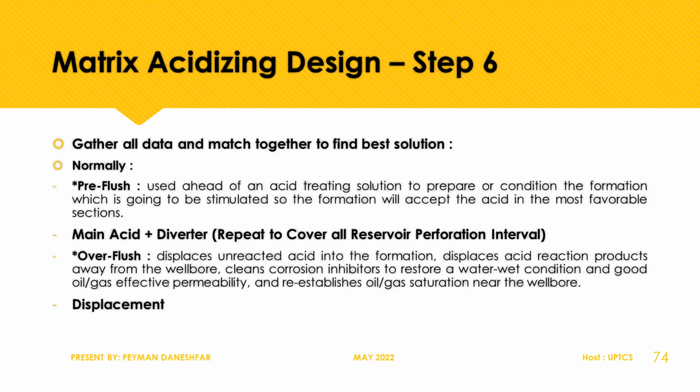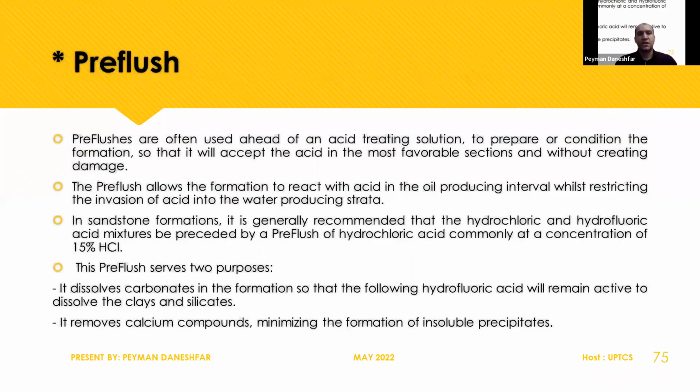Just for the theory, I will tell you about the pre-flushes and overflushes. What is a pre-flush? A pre-flush is one step of acidizing. We want to prepare the formation for the main acidizing.